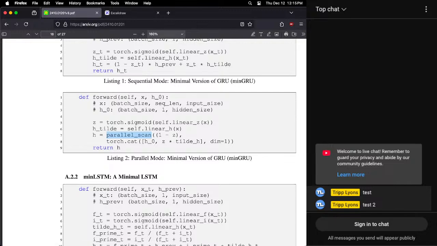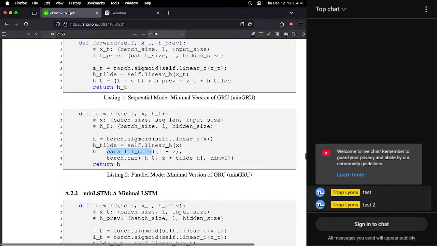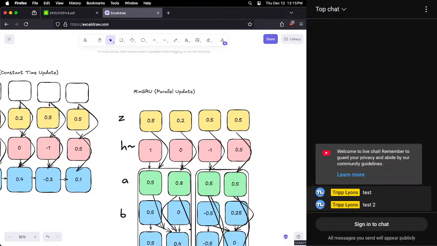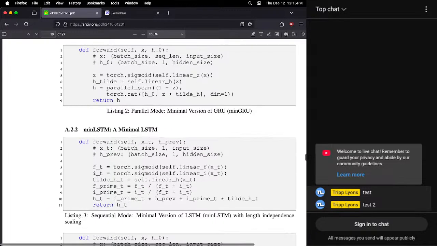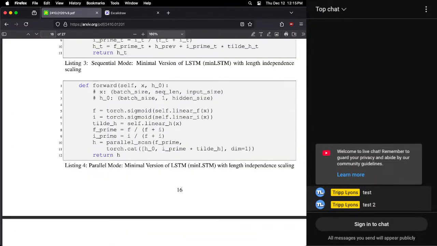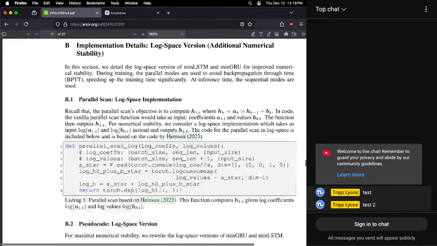Is that even a PyTorch function? Parallel scan. Say the weights are from 0 to 1 with the sigmoid, linear of x, and they've another linear to produce these h tildes. And then, do they say what the parallel scan function is? Here we go. Here's the parallel scan.